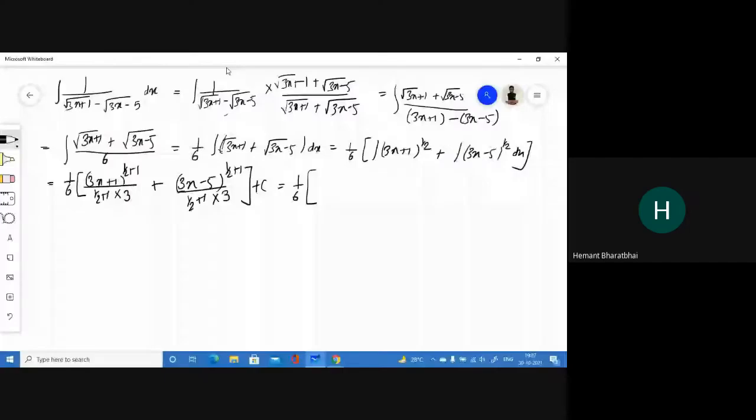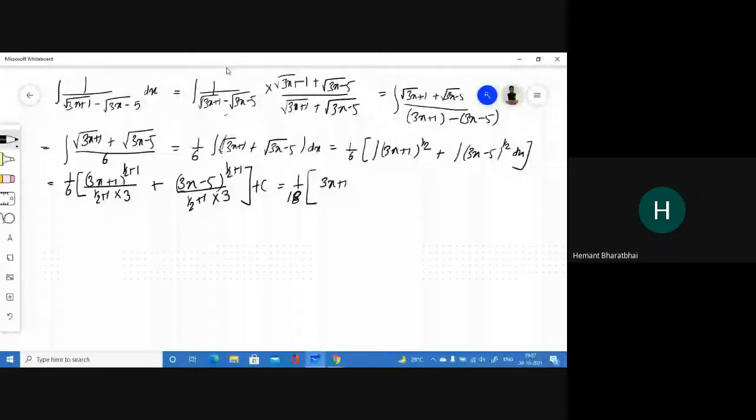Here I can write it as 1 by 18, (3x plus 1) raised to 3 by 2 upon this will also be 3, right? 1 by 2 plus 1, that is 3 by 2, plus (3x minus 5) raised to 3 by 2 upon 3 by 2 plus c.